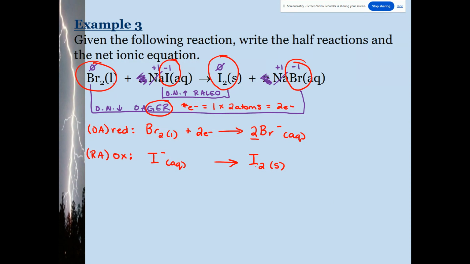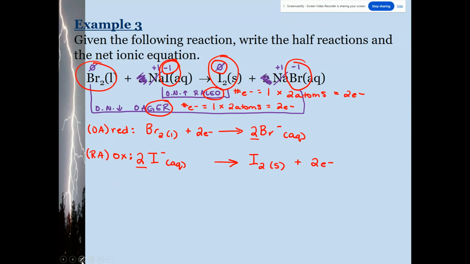So if two iodines come together, I need to start with two free iodide ions. My number of electrons being transferred here, the change is from -1 to 0. So the change is by 1. But again, there's two atoms in that half reaction that we just wrote. So I have 2 electrons being lost because this is oxidation. So my 2 electrons are a product.